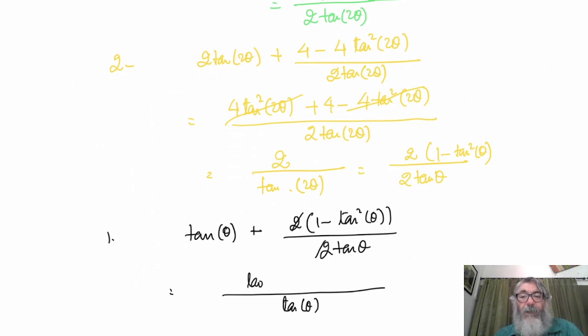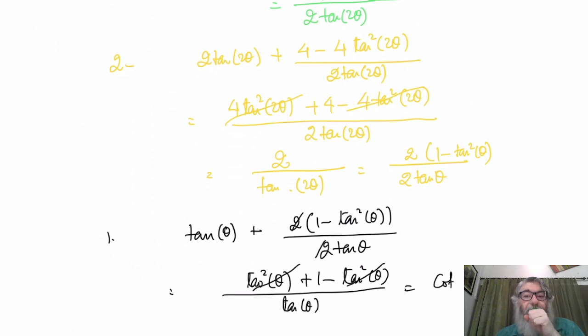So we are just applying the formula of tan 2 theta. Tan 2 theta is 2 tan theta upon 1 minus tan square theta. If it is tan 4 theta, then it is 2 tan 2 theta upon 1 minus tan square 2 theta.